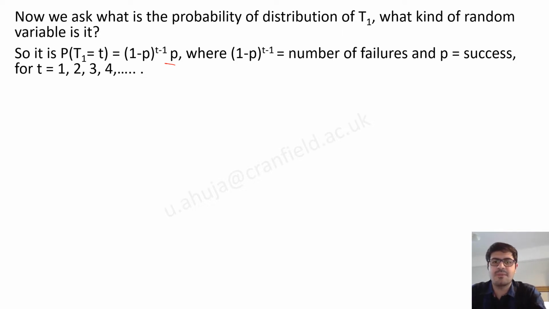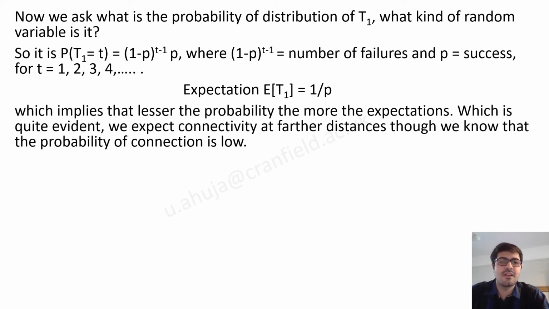Okay, so the expectation E[t1] is equal to 1/p, which is a general case. This implies that the lower the probability, the larger the expectation, which is quite evident. We expect connectivity at farther distances, though we know that the probability of connection is low.